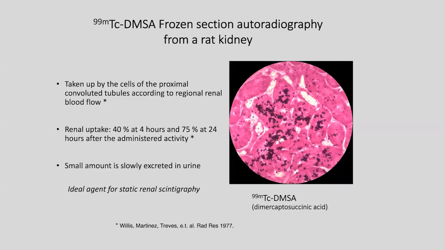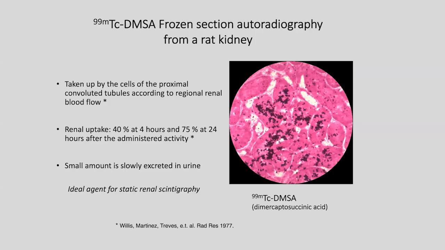DMSA is taken up by the proximal convoluted tubules according to renal blood flow, and we have demonstrated this using intra-arterial microspheres.